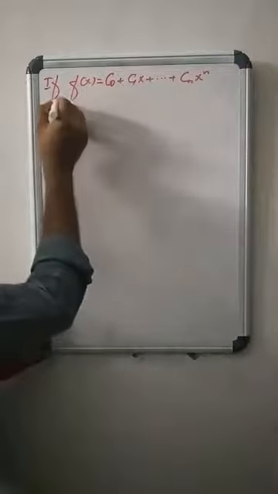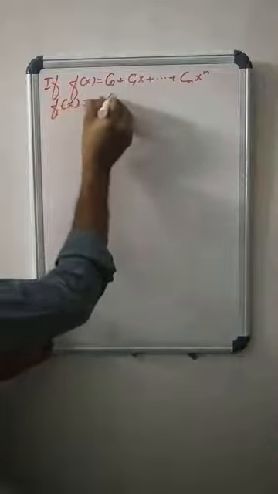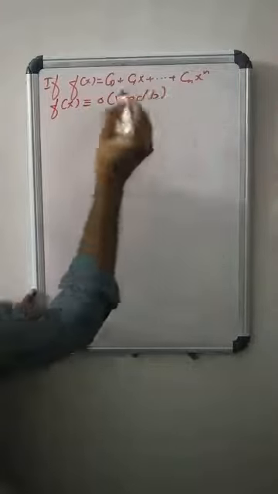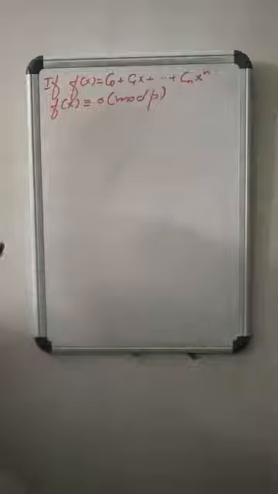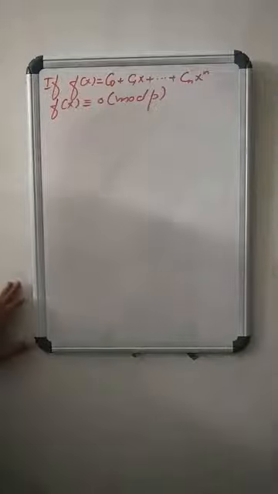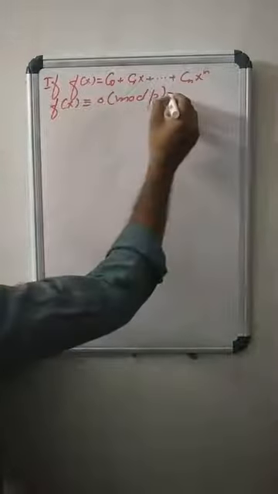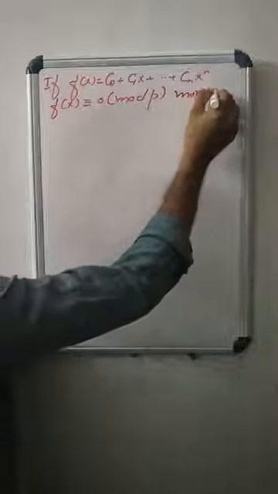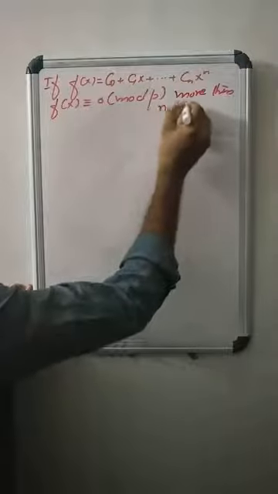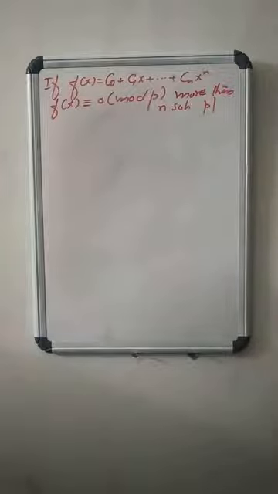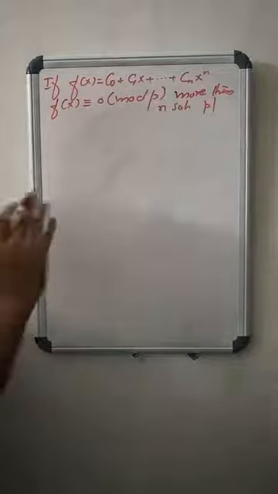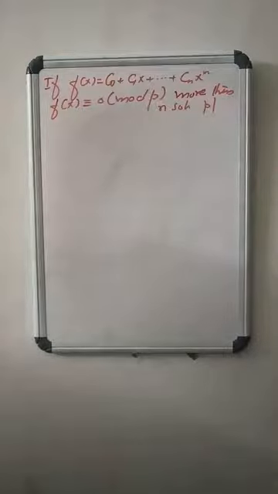If the congruence f(x) ≡ 0 mod p, where p is a prime, has more than n solutions, then every coefficient of f is divisible by p. If this relation has more than n solutions, then p must divide every coefficient of f. All of its coefficients are integers.